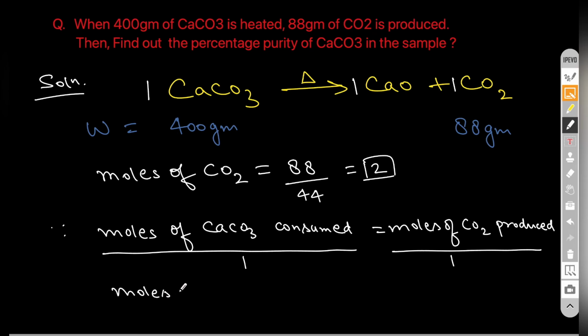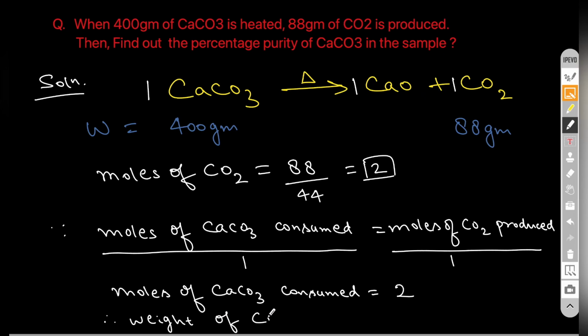Simply putting the values, moles of CaCO3 consumed will come out to be 2. Therefore weight of CaCO3 consumed will be equal to 2 multiplied by molecular weight of CaCO3, which is 100. So 200 gram.